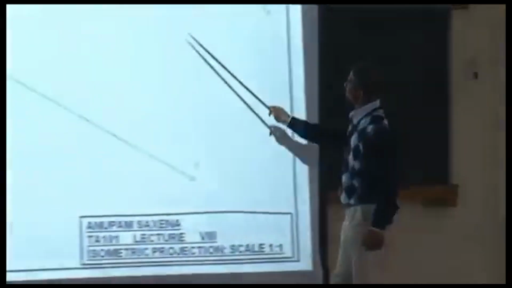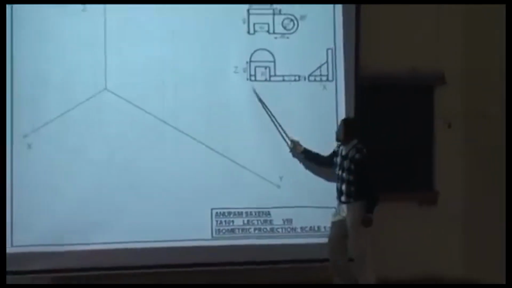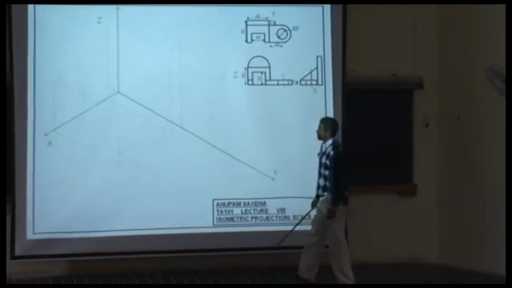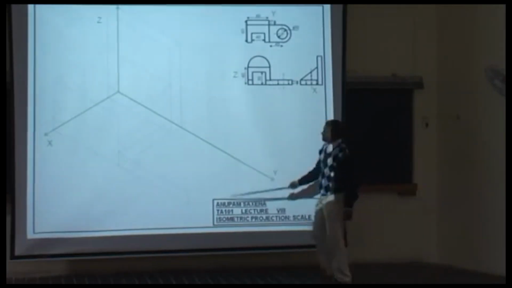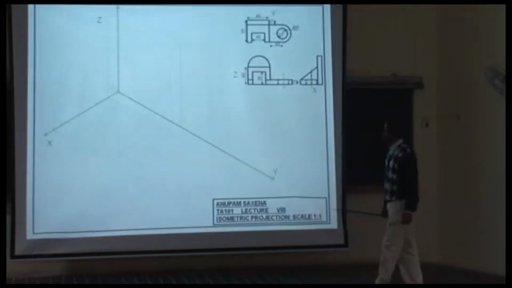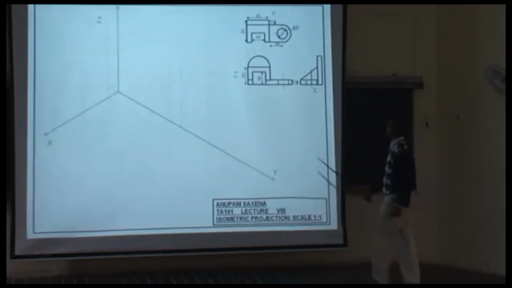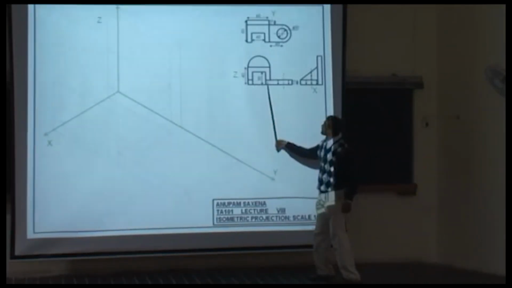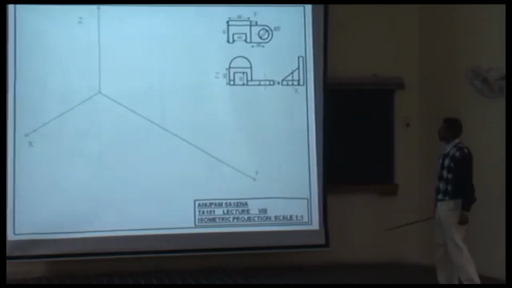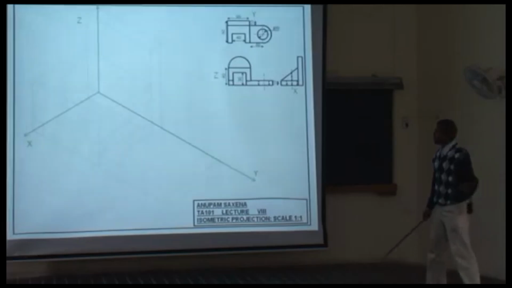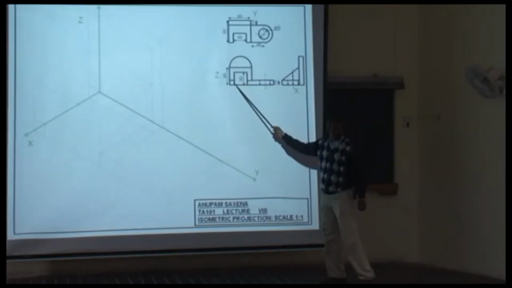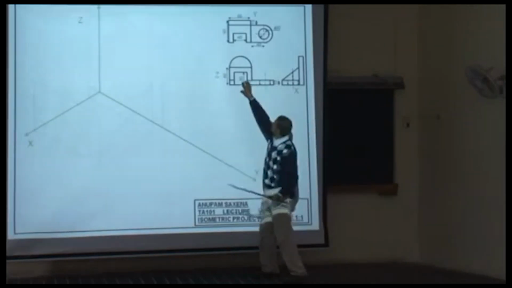Now focus your attention on this. This line is this line here. Likewise, this line is this line here. These vertical lines are this and this. Okay, and notice that there is a slot here. So I have taken away a piece of block from this.